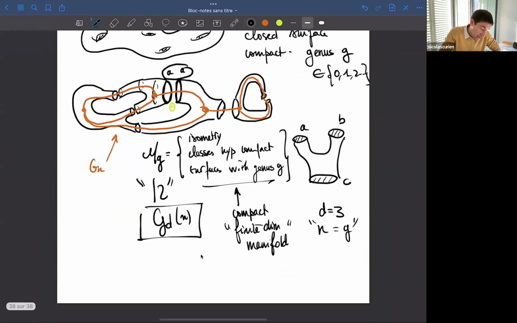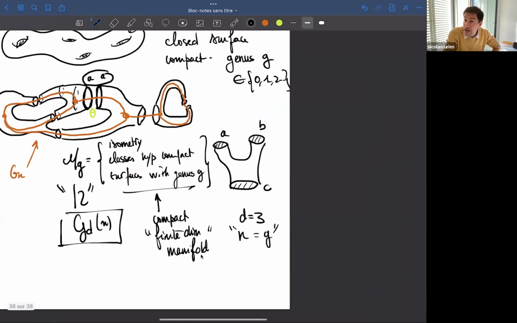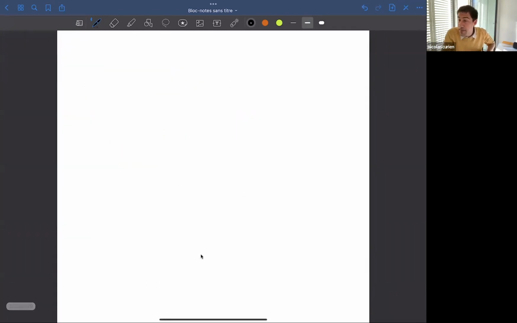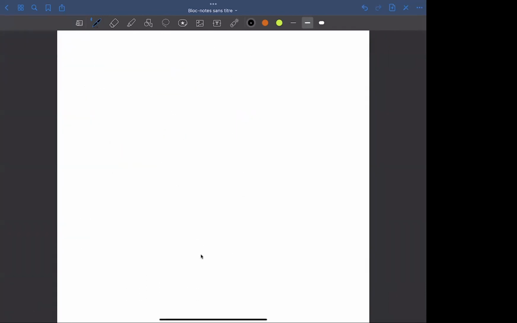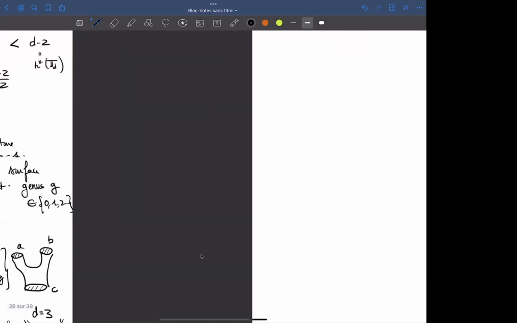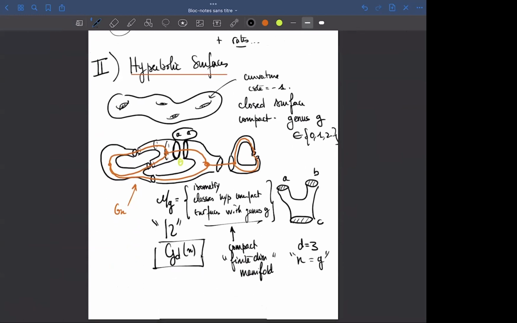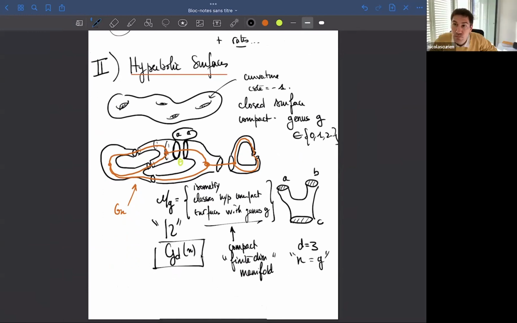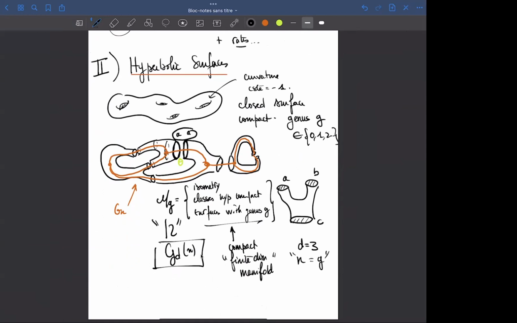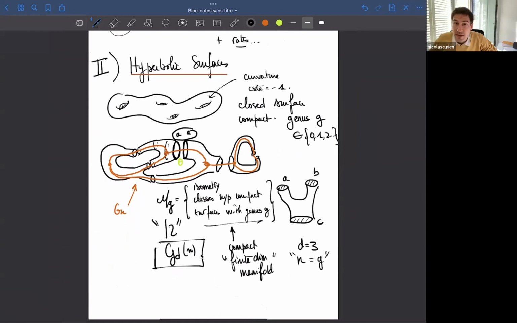Okay? And now you can do exactly the same for hyperbolic surfaces. Yes? Quick question. So for this moduli space, are you normalizing the pants curves to lie in some length bounded away from 0 and infinity? No, no, all lengths are allowed.